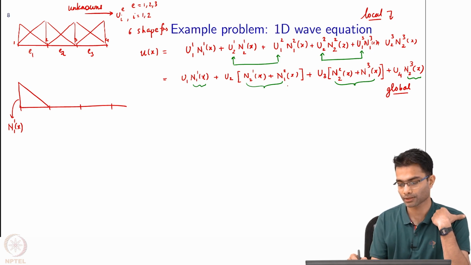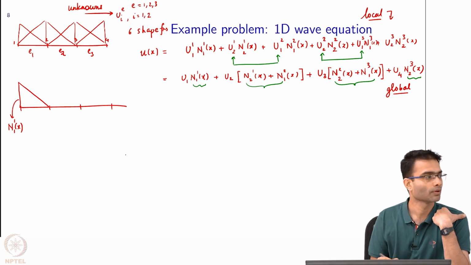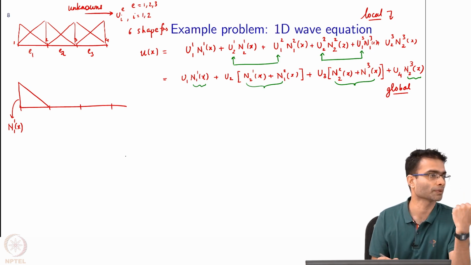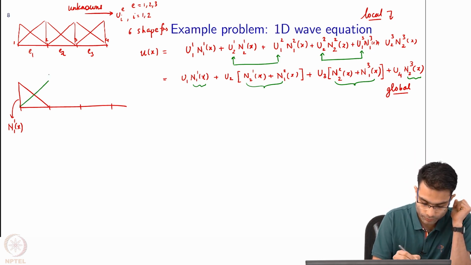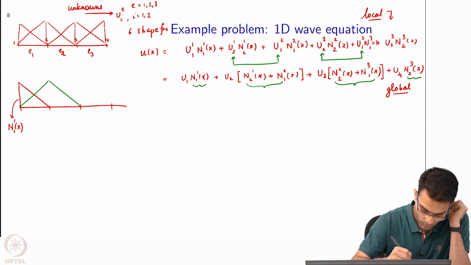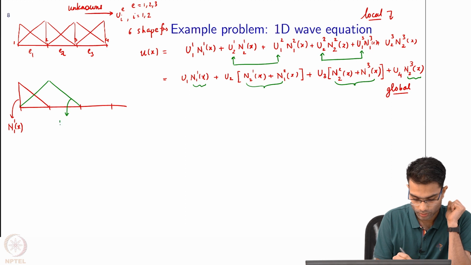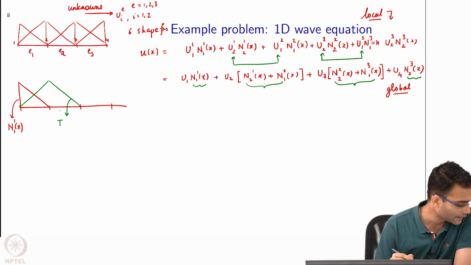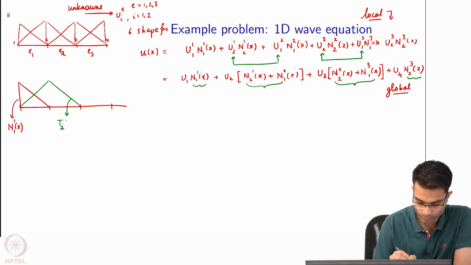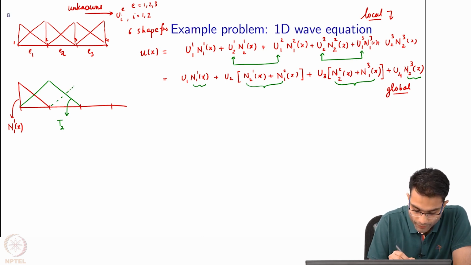What about the second term in the green bracket? It is a sum of two functions, two triangles, one opening to the right and one opening to the left. So it is going to look like this. Let us call this T2. The next term in the brackets will look just like this one, except shifted by one node.